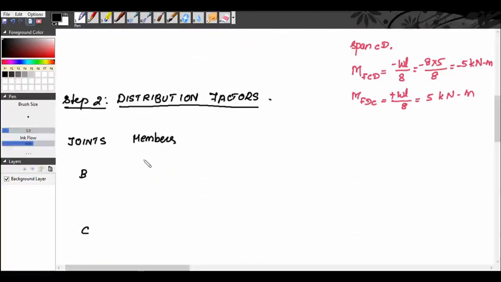So we will write at joint B the members are BA and BC, and at C the members are CB and CD.